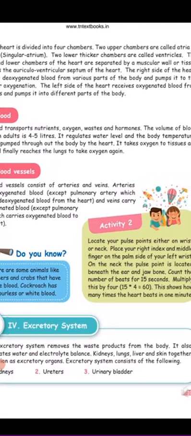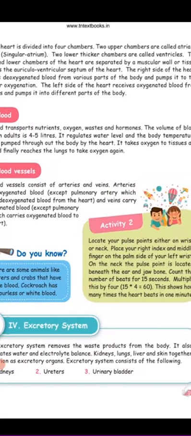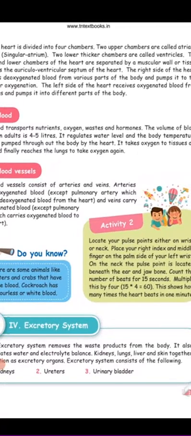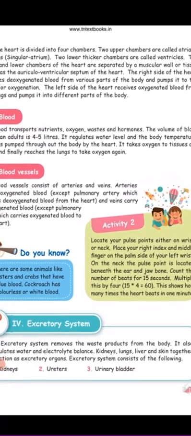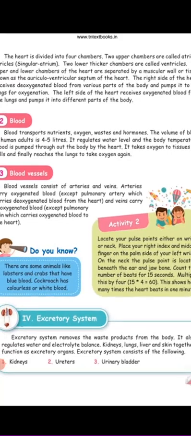Blood is pumped through where? From the heart. It takes oxygen to tissues and cells and finally reaches the lungs, and there it again takes oxygen. So blood is transporting nutrients, oxygen, waste and hormones, and in adults there will be 4 to 5 liters.